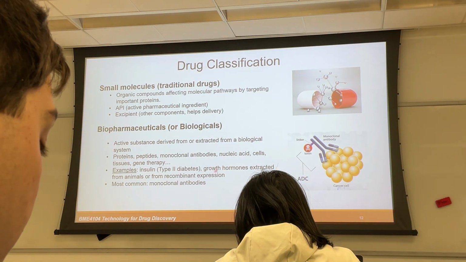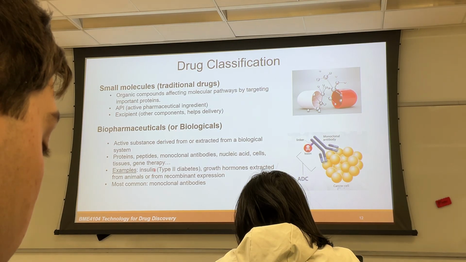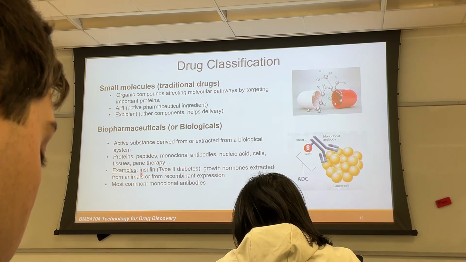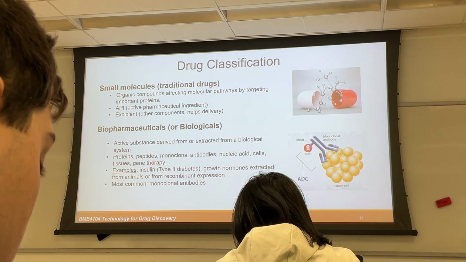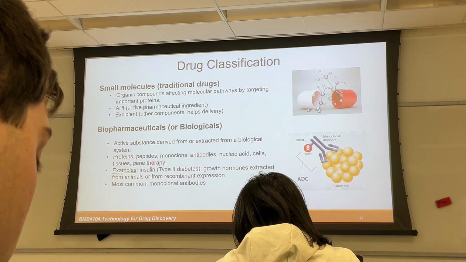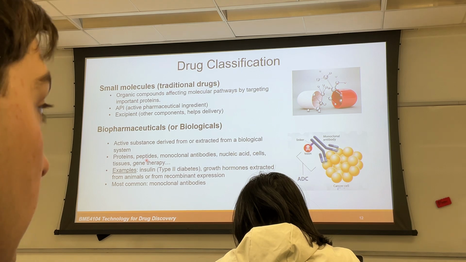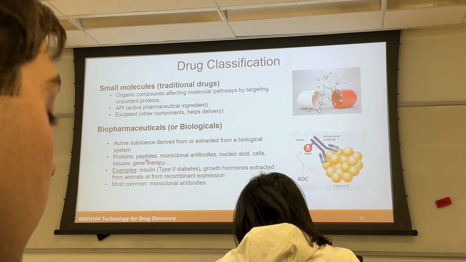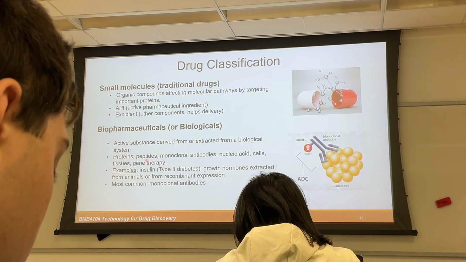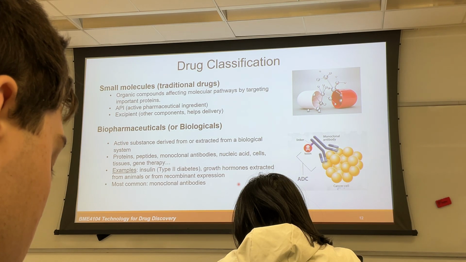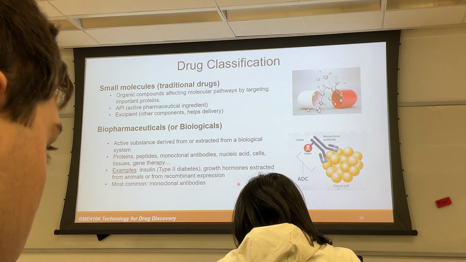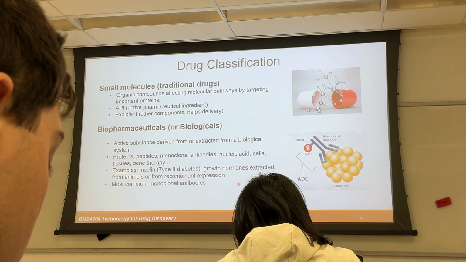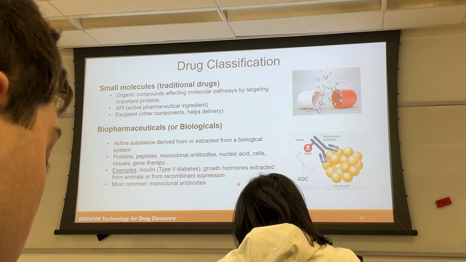One typical example of biologics is insulin. I believe everyone has heard of this, right? Insulin is a protein naturally produced by our body. However, some people with type 2 diabetes lack insulin, or they don't have an active insulin, so they have to get it from outside.